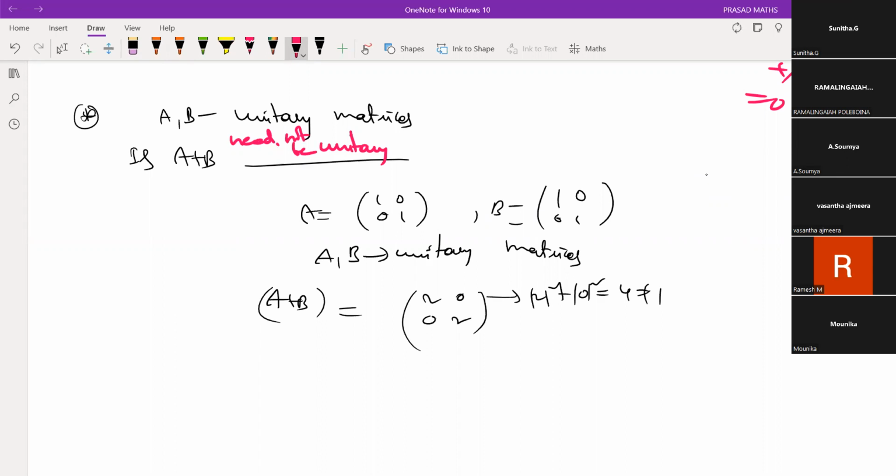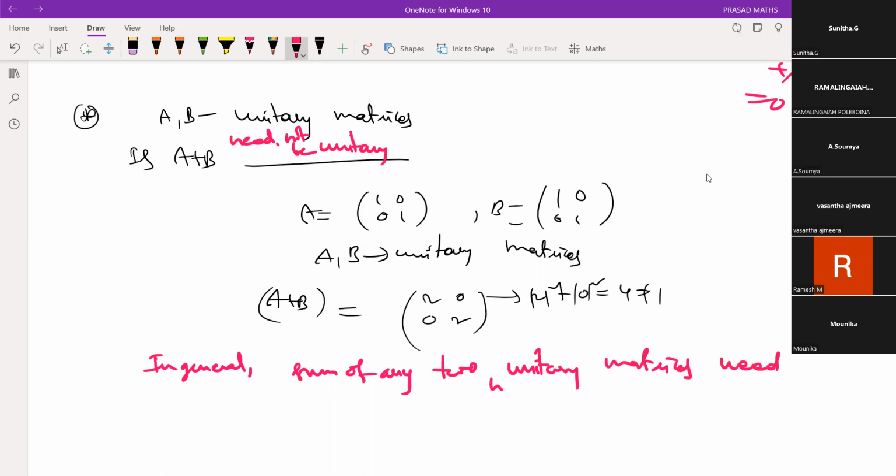In general, the sum of any two unitary matrices need not be unitary. But if you take an additional condition, what is the problem here?